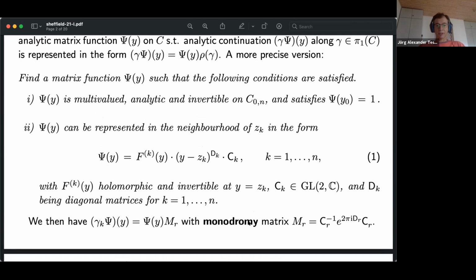And you will find that when we take the analytic continuation of psi along gamma k, denoted by this notation, that is represented by right multiplication with a GL2C matrix, which we can just compute out of the constant matrix that was representing this singular behavior and the diagonal one. So you're conjugating e to the 2 pi i of this diagonal matrix by the matrix C, and this is what gives you the monodromy matrix.